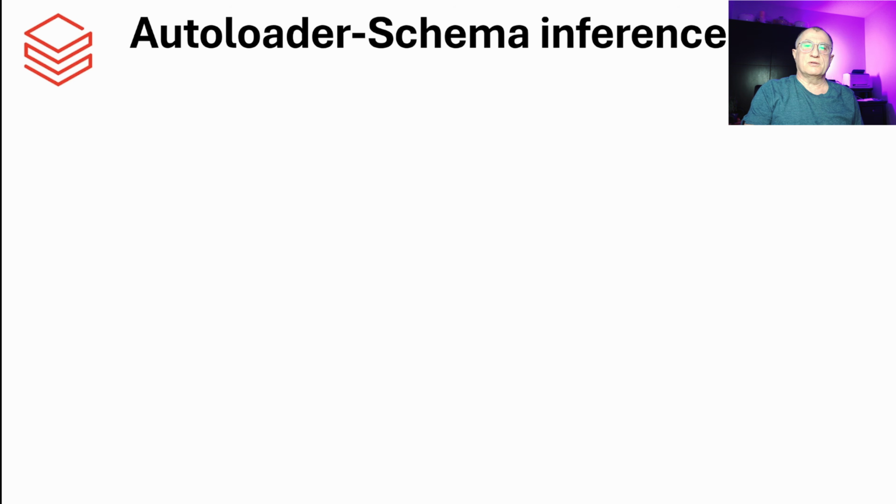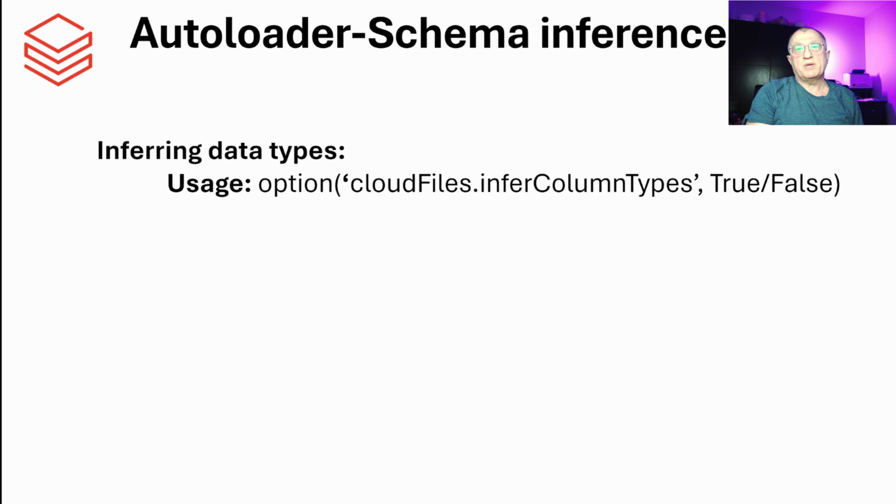Now let's talk about Schema Inference options with Autoloader. Schema Inference is a feature which allows you to infer the schema based on the sample data in your files. If you specify Schema Inference, Spark will infer the schema based on the first 1000 files or 50 gigabytes of file volume, whichever comes first.